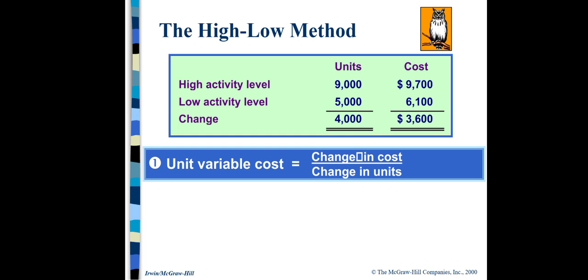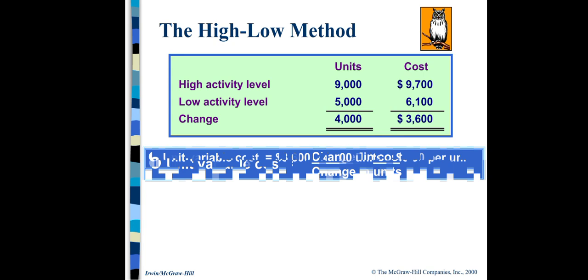To calculate the variable cost per unit, the equation is change in cost divided by change in units. Jadi change itu selisih ya, selisih biaya dibagi dengan selisih units.